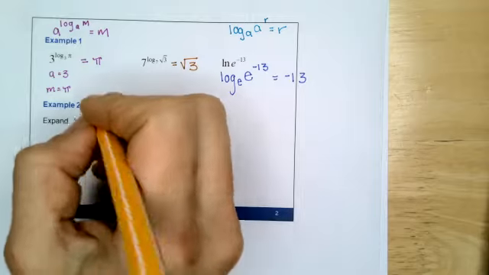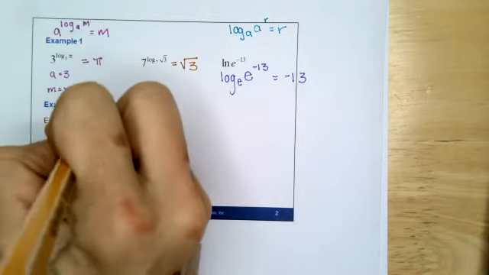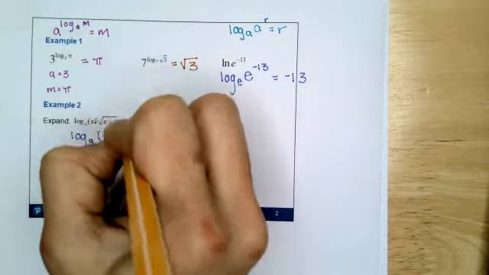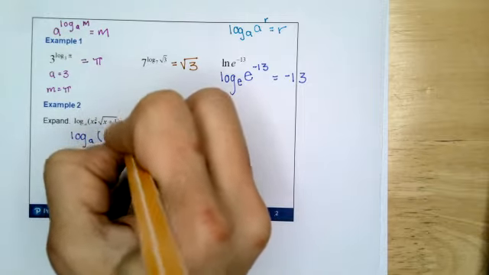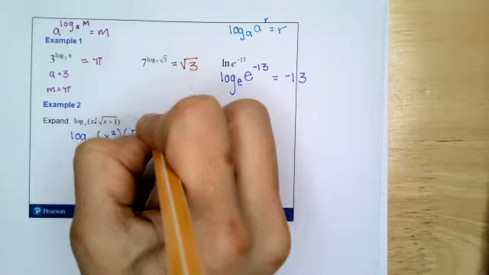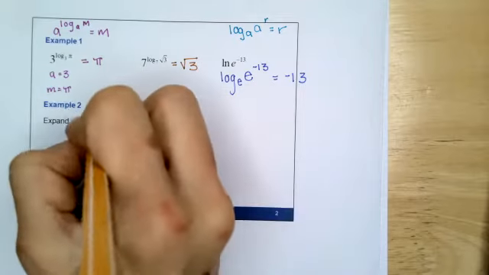I'm going to rewrite this as log base a of x squared times x plus 1. Oops, way too many parentheses now, right?